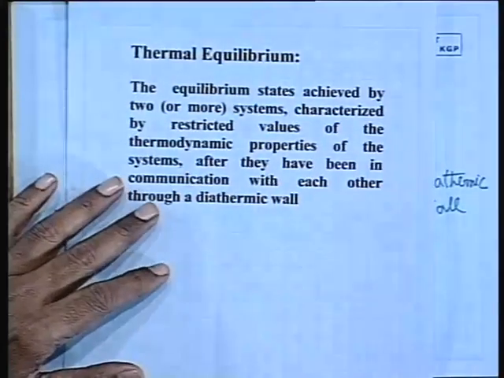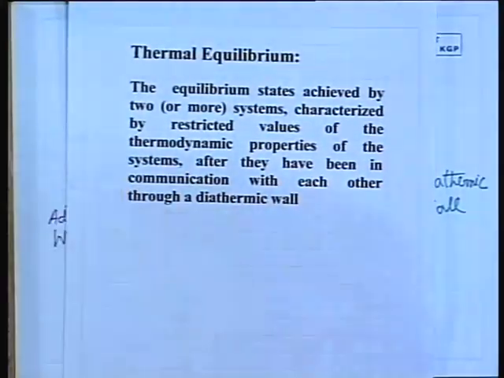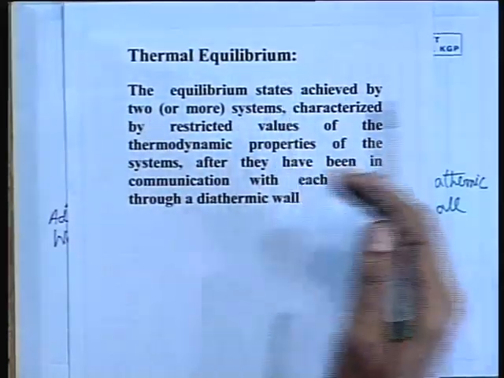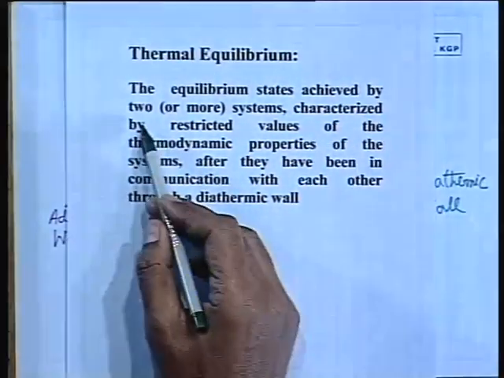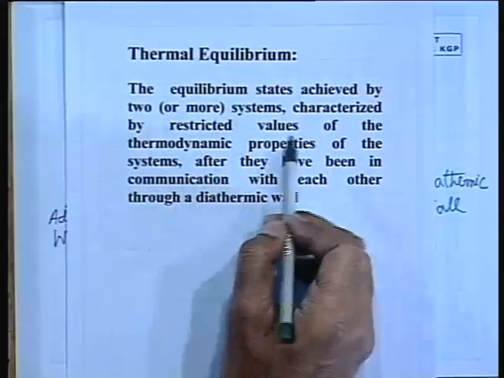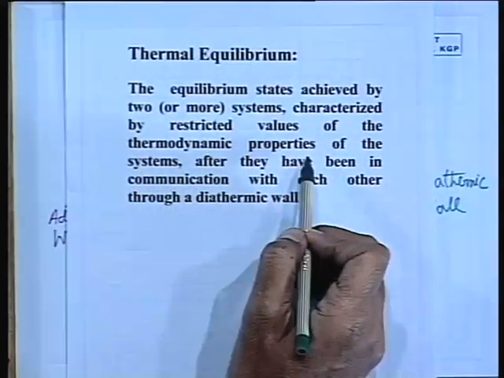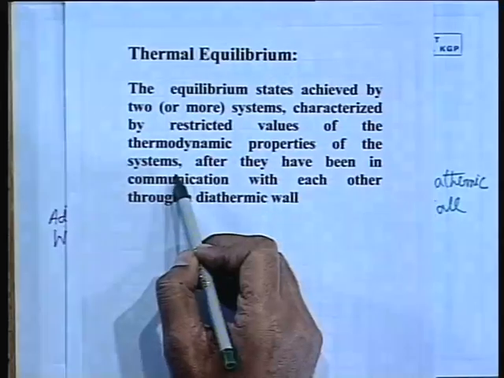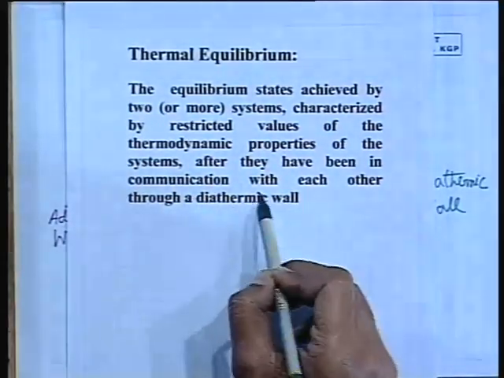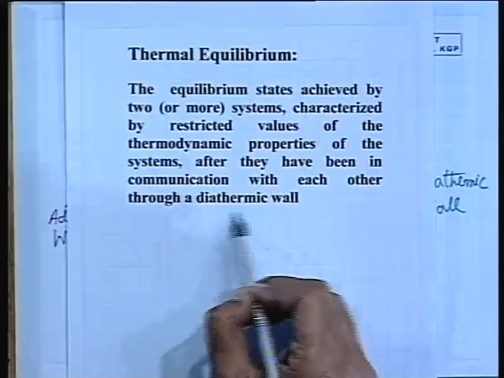This is the original definition in classical physics or thermodynamics: thermal equilibrium is the equilibrium state achieved by two or more systems characterized by restricted values of the thermodynamic properties of the systems after they have been in communication with each other through a diathermic wall.